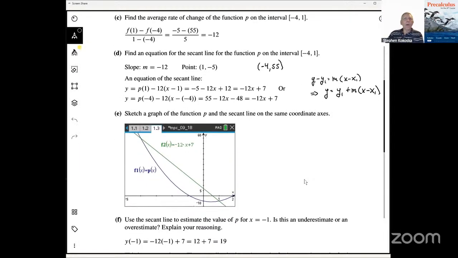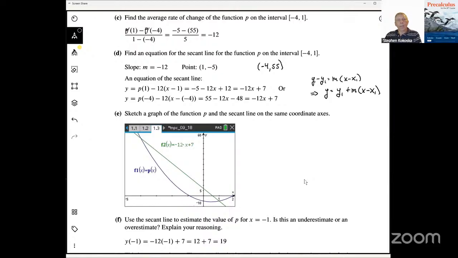In part C, I want to find the average rate of change of this function p on the interval -4 to 1. And I apologize for this, I actually used f in there. I should use a p here. This is p of 1 minus p of -4 over 1 minus -4. That's just the formula for the average rate of change over that interval -4 to 1.